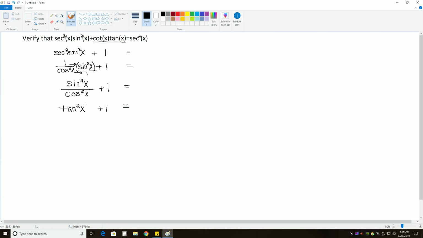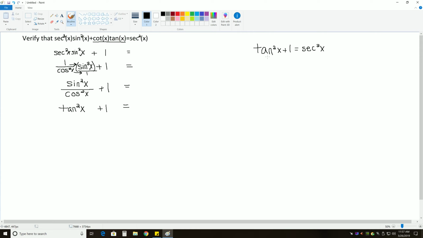Now from here, we still have to find a way to make this equal secant squared x. So remember that one of our Pythagorean identities is that tangent squared x plus 1 is equal to secant squared x.